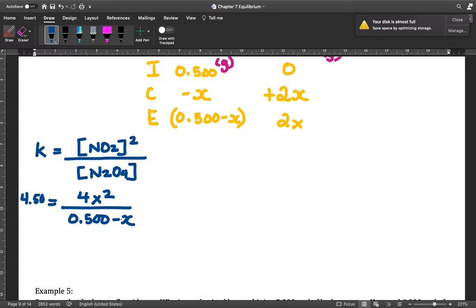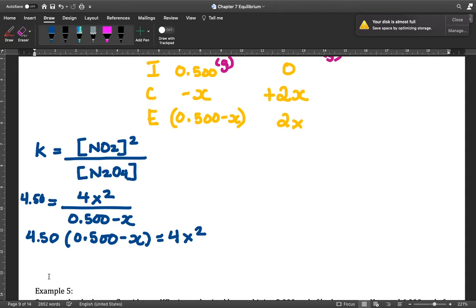Okay, so what we're going to do is expand this. So what I want to do is take this over to the other side. So I'm going to get 4.50 times 0.500 minus x is equal to 4x squared.